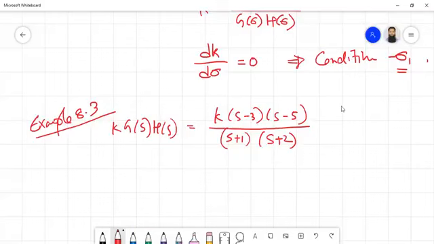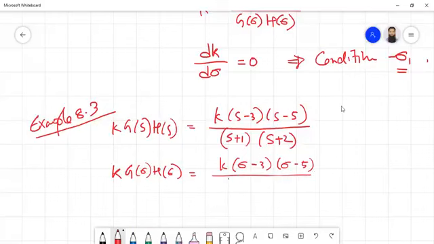Now we replace S by sigma, so G of sigma, H of sigma will be something like this: K times sigma minus 3, sigma minus 5, over sigma plus 1, sigma plus 2. So don't get confused, this is not 6, this is sigma.